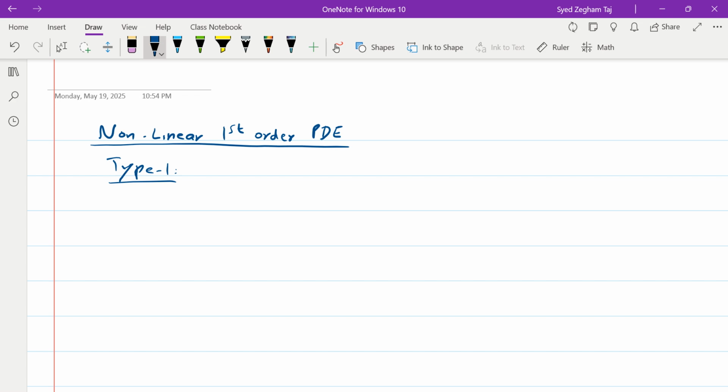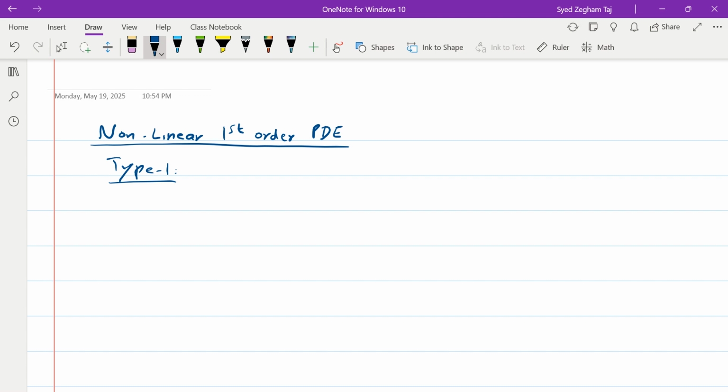The main challenge which we will face is how to identify which type this equation is of. Okay, so this identification of type is quite important, because unless you identify it correctly, your solution will automatically become wrong.